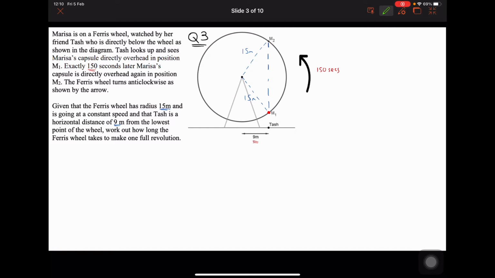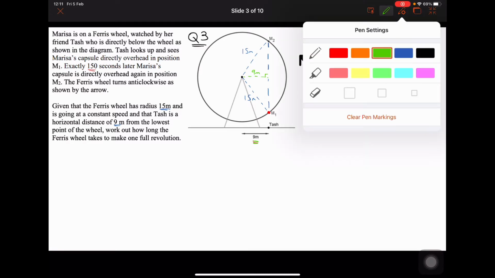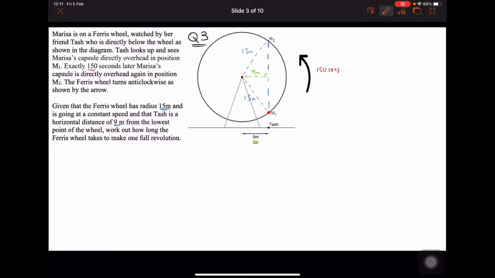Now look at this 9 meters here. I'm going to draw a line going down like this, of course a right angle, and I'm going to write 9 meters. Now what I want to do is work out this angle here.